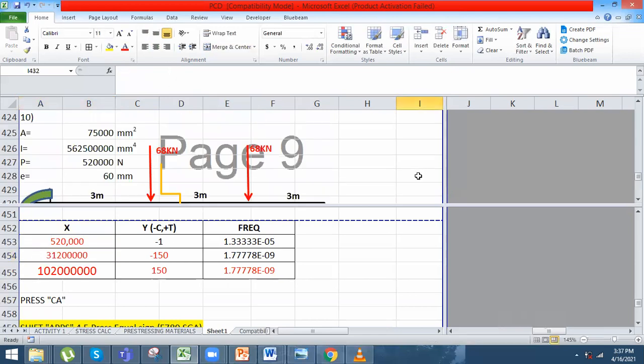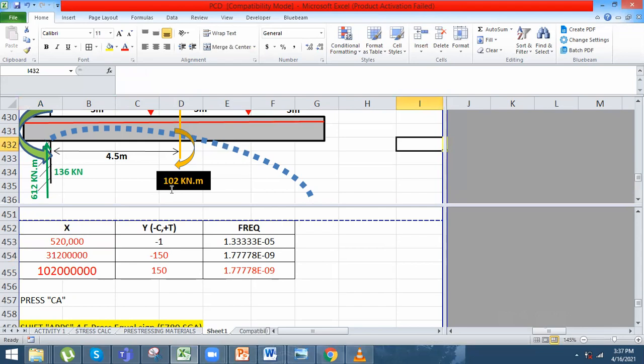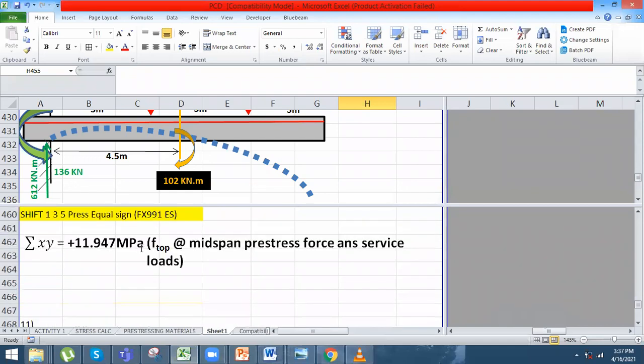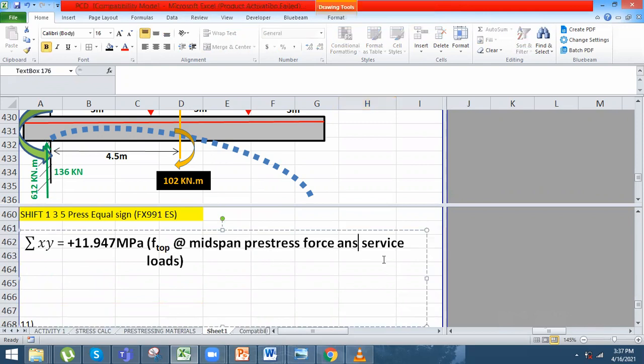Galing yan dito. Okay? Moment at the midspan. So, solving the equation, then shift ups for 5 or shift 135 sa ating Casio. It would create 11.947 megapascal, which is the top stress at the midspan. Okay? So, yan, that are the unserviced loads.